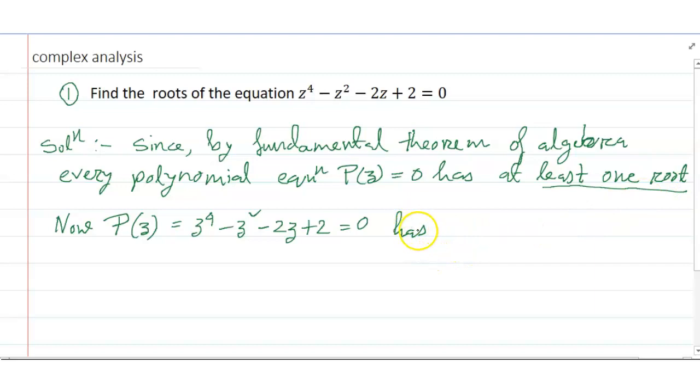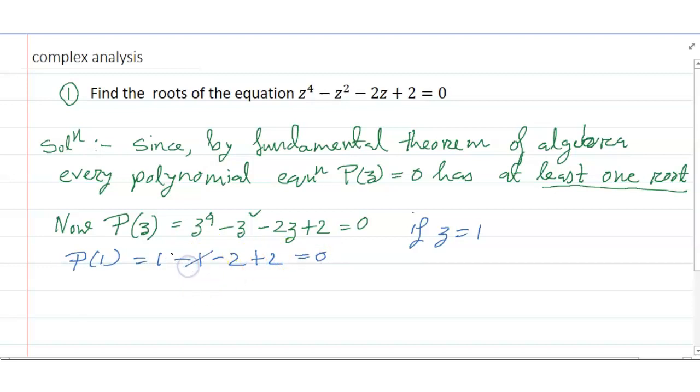You can see that if z = 1, then p(1) = 1 - 1 - 2 + 2 = 0.